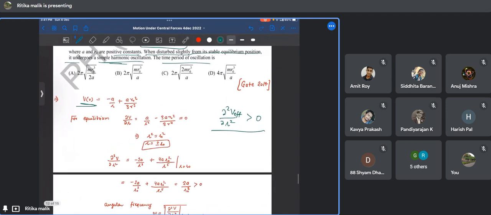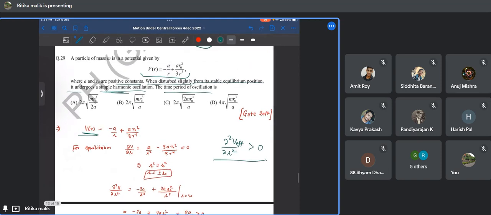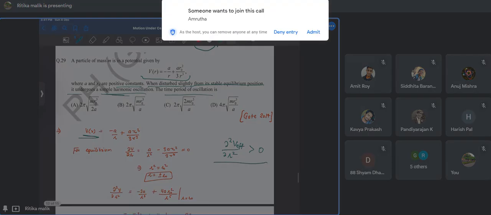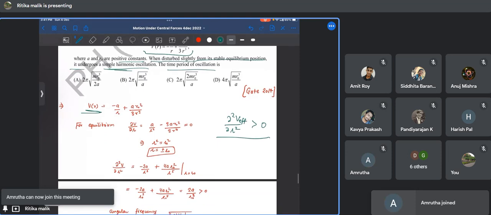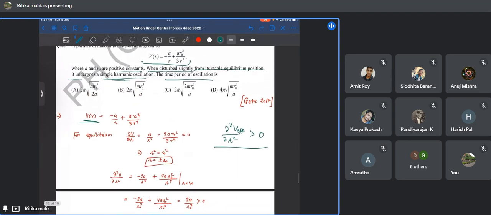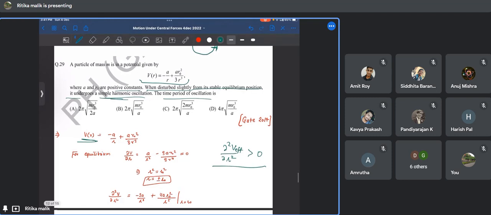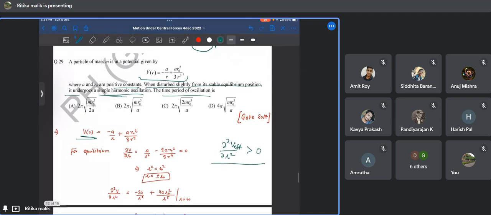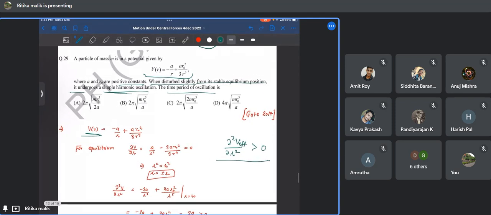This is my mistake. But the main condition for this case is that del 2 V effective by del r squared should be greater than 0, and that will give you the condition for the equilibrium. So we calculate the differentiation del V by del r, and from that we will find a relation for the r value.